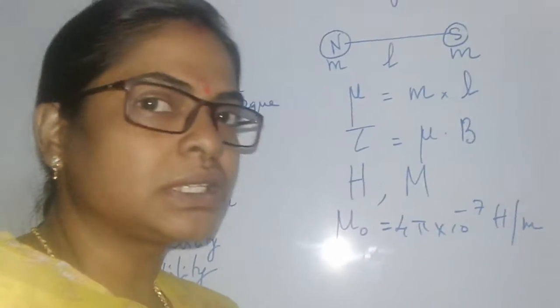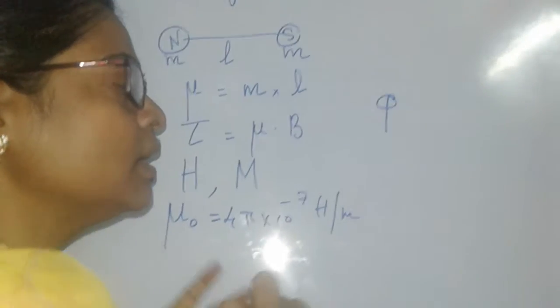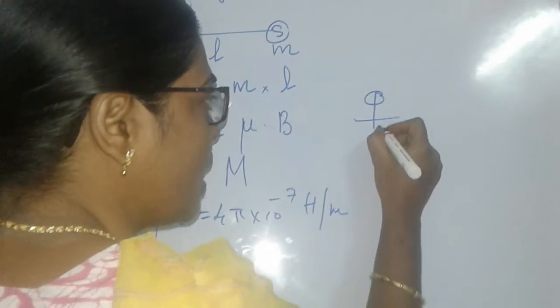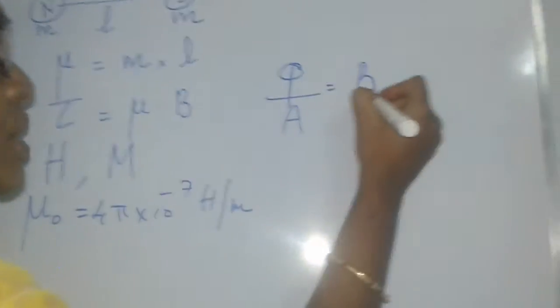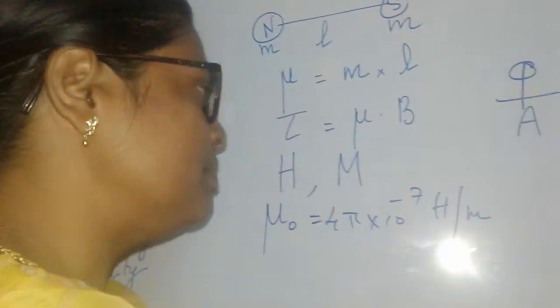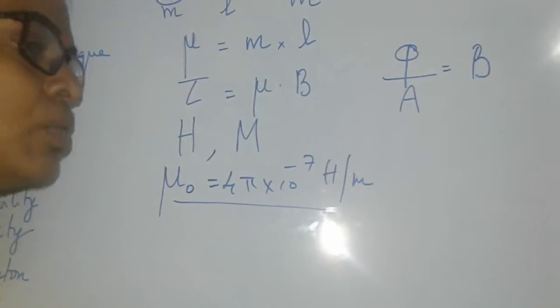The number of lines per unit area is called the flux. Flux phi, magnetic flux density, is nothing but the magnetic lines of forces per unit area. This is also a measure of the magnetic induction B, and a number which tells you how easily a material can be magnetized.